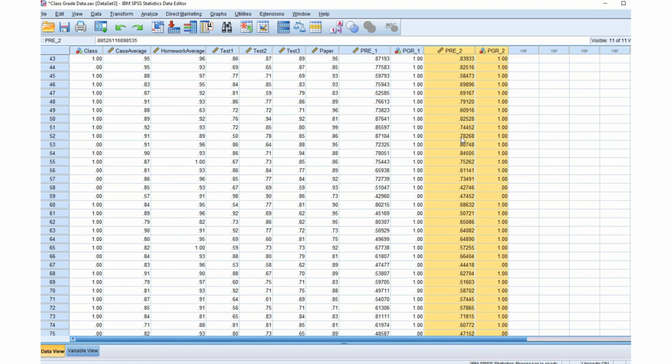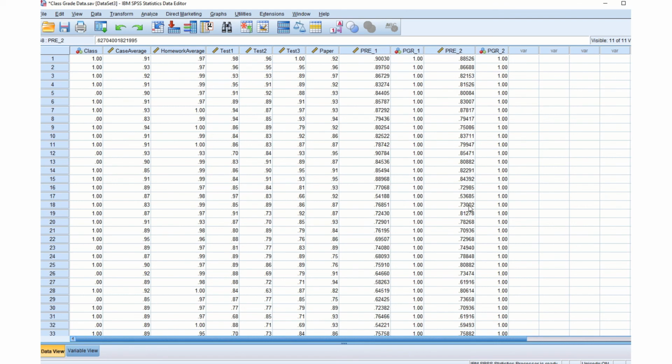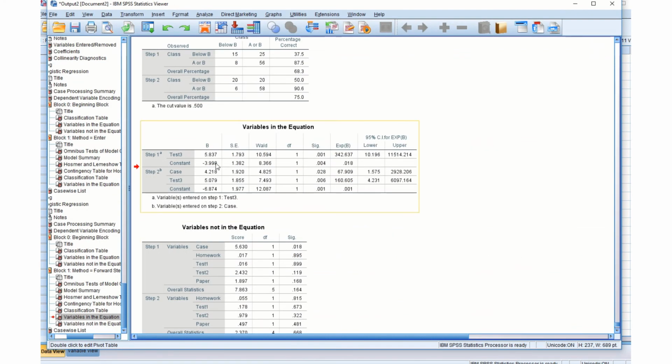Now, if we look down here at these groupings, we remember the cutoff was a probability, and basically what's happening is this information here, the constant, the 4.2, the 5.0, and the -6.8, are used as a formula, G sub x, and the G sub x formula creates the G sub x function.